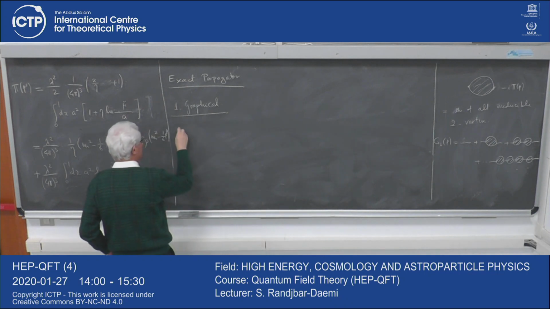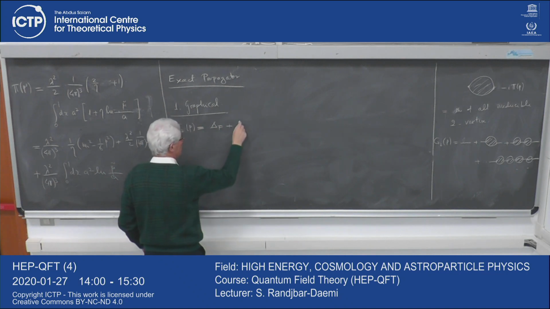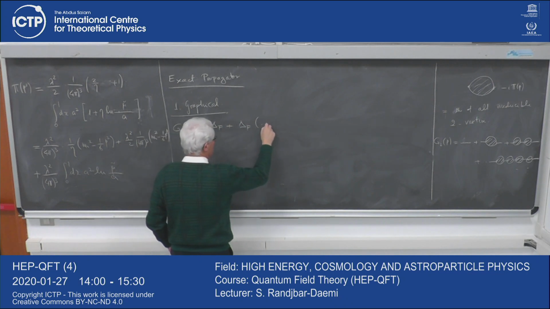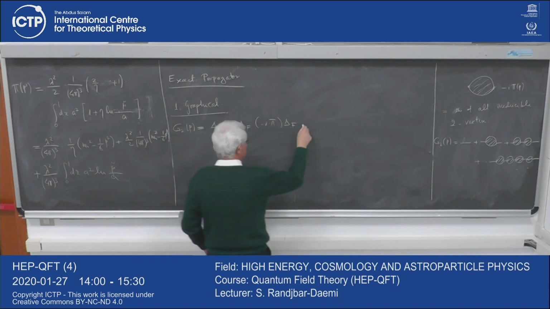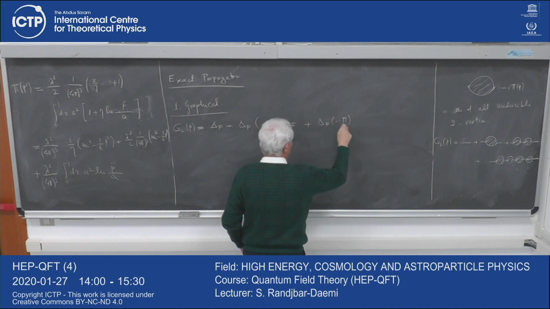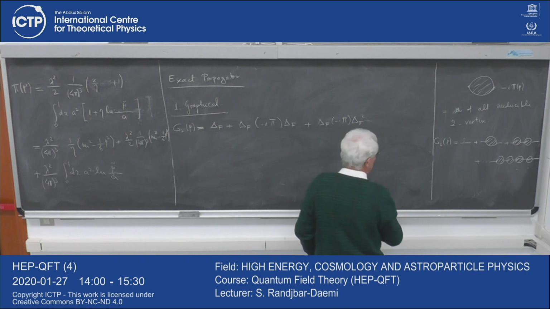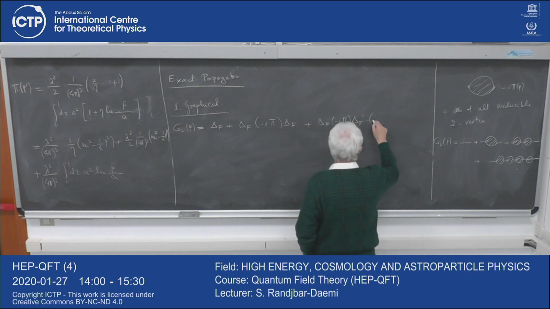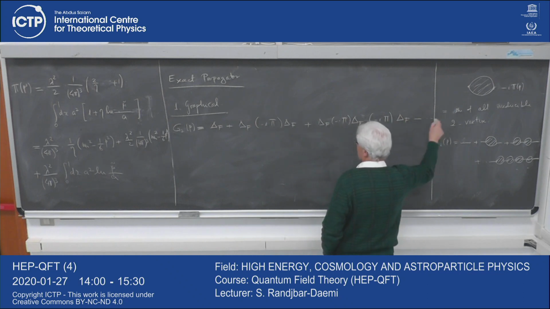So what we are saying is that G2P equals delta F plus delta F times minus I pi times delta F. The next term is just the square of this, minus I pi delta F, plus dot dot dot.